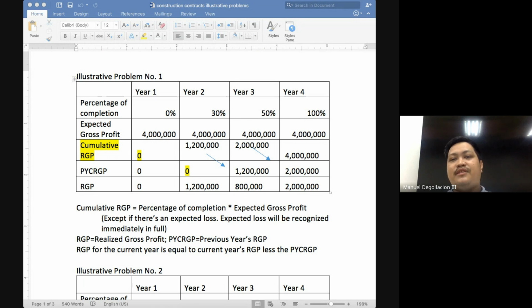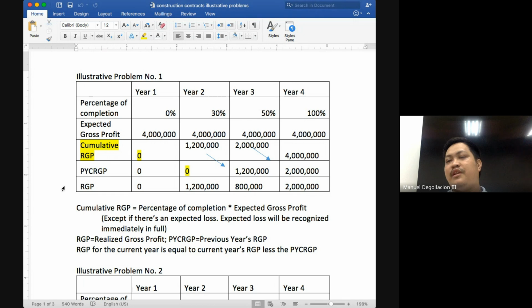But again, it just so happens, and logically, if it's the first year, you don't have anything to deduct from the product of your percentage of completion and your expected gross profit. So that's why you would expect that the RGP for year one will simply be the product of your percentage of completion and your expected gross profit.